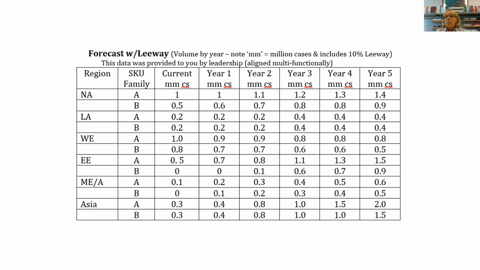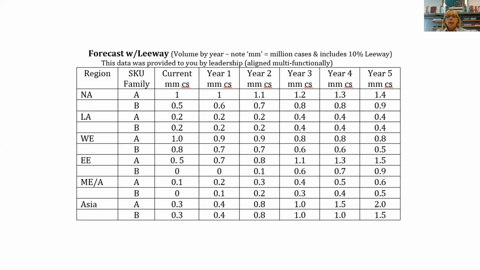Probably we're going to have the C-level involved, the CEO, but we're going to determine for each of our SKU families or for a category, because remember we need to know at the SKU level or SKU family in terms of supply chain, what we forecast demand to be for the future. In this case, it's going to be year 1, year 2, 3, 4, and 5. For many firms, looking out 5 years is not at all uncommon.